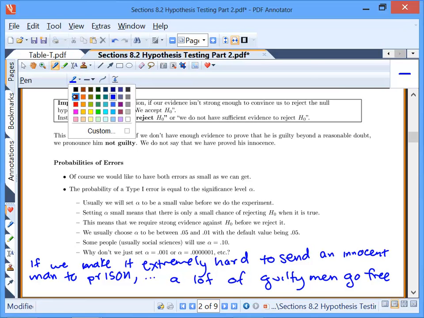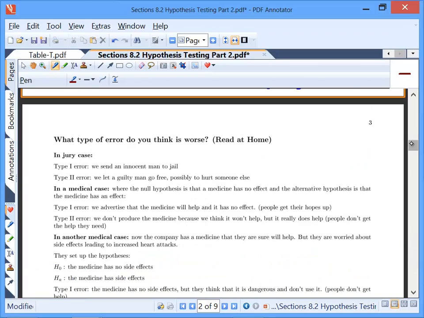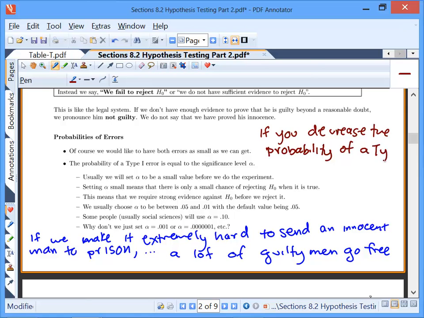So the reason that we don't just set the probability of our type 1 error, alpha, as small as possible is that if you decrease the probability of a type 1 error, then the probability of a type 2 error increases.